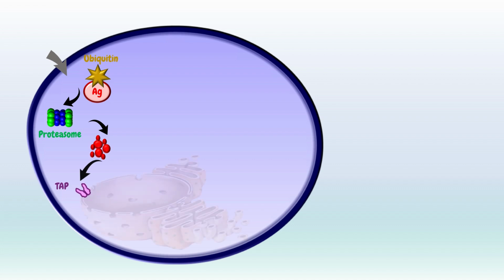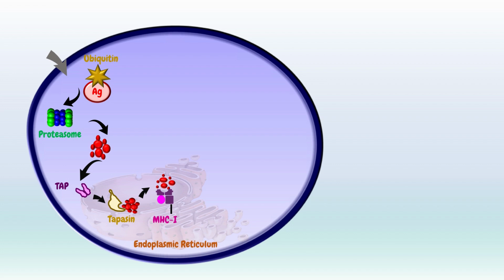The transporter associated with antigen processing, or TAP, which is essential for peptide delivery from the cytosol into the lumen of the endoplasmic reticulum, or ER. These peptides are brought to the MHC-I complex through tapasin, where these peptides are loaded on major histocompatibility complex 1 molecules.